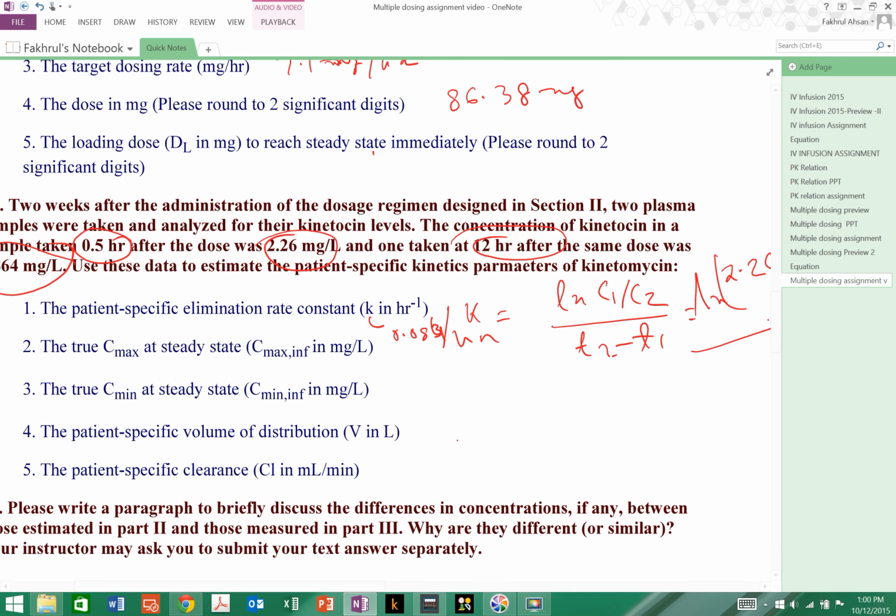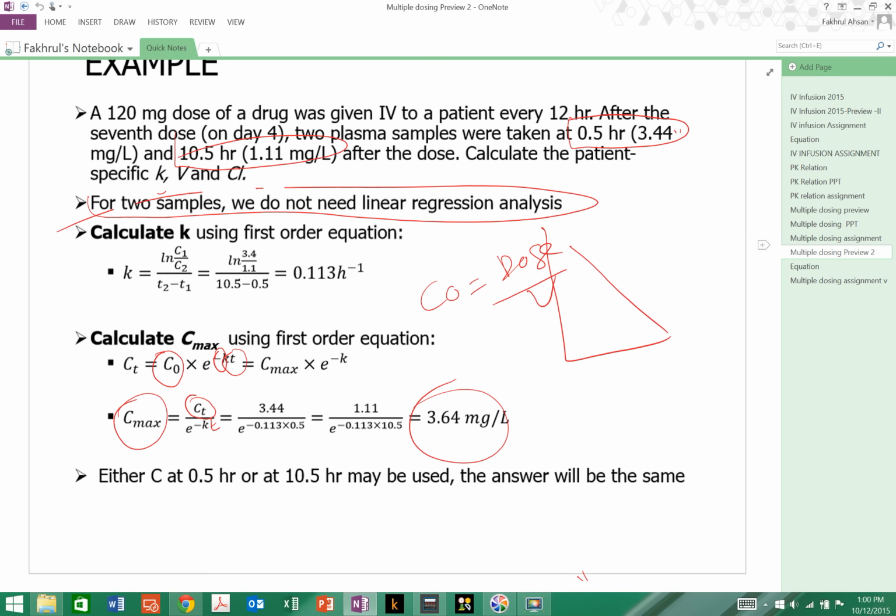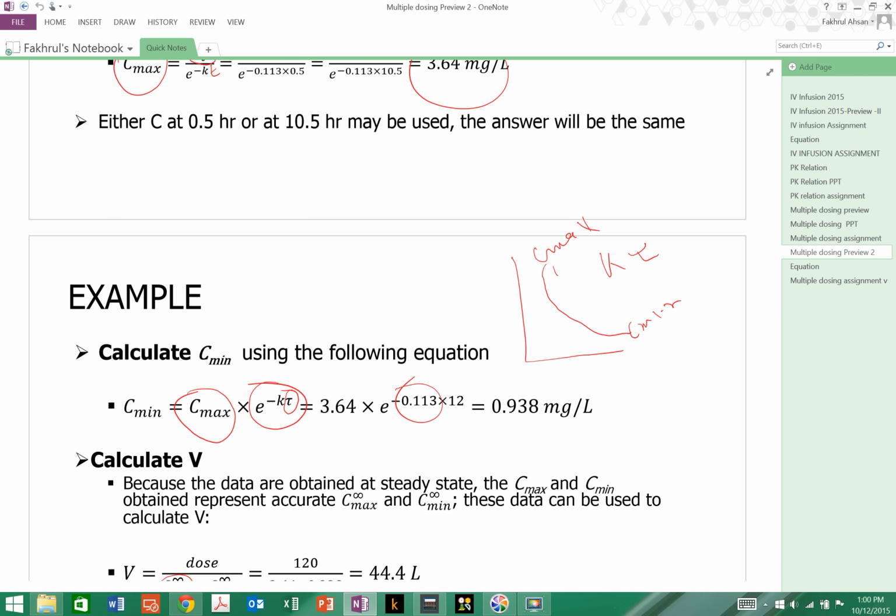So once you know the Cmax, you can calculate Cmin. Again, if you go back to that problem, here is how we calculated it: Cmin is Cmax times e to the negative k tau.